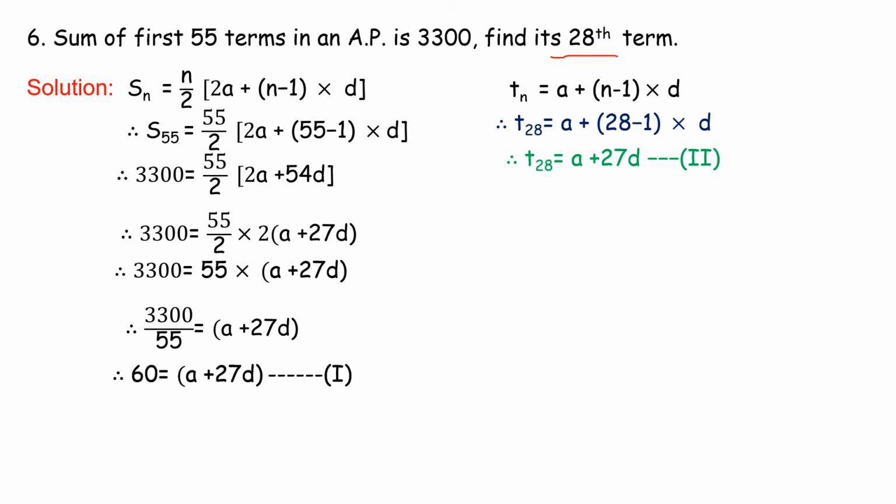This is statement number 2. From 1 and 2, 20th term is equal to 60. Complete this example in your notebook. Write down the answer. 20th term of an AP is equal to 60.